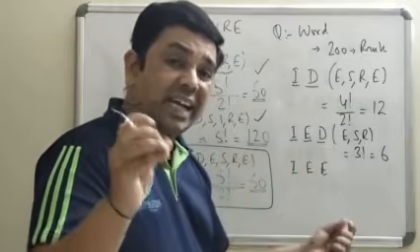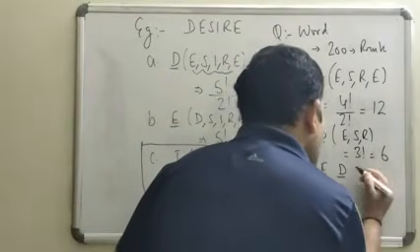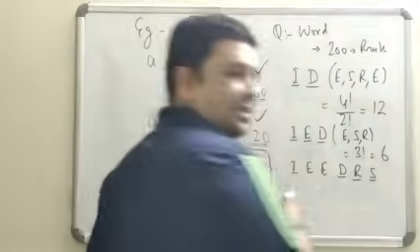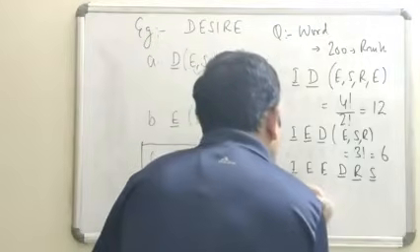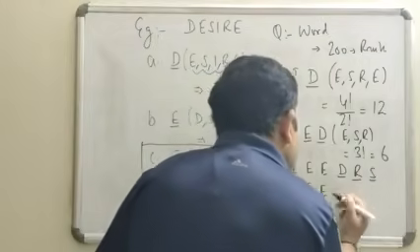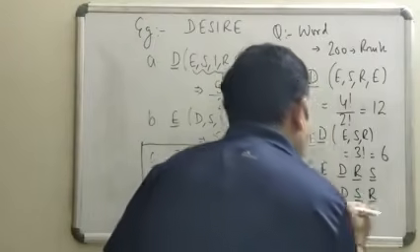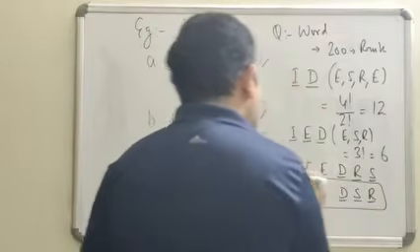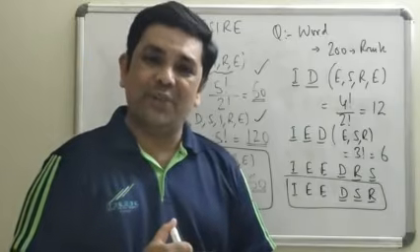I have DSR. So first word that will be formed will be DRS. This will be 199. Okay. And what will be 200? DSR. This will be the 200th word.